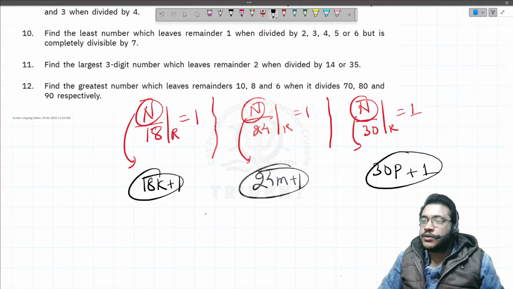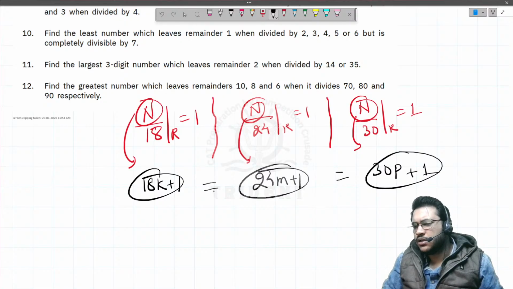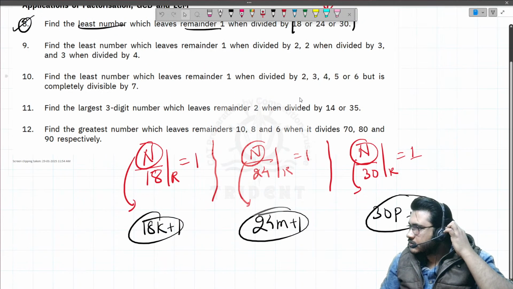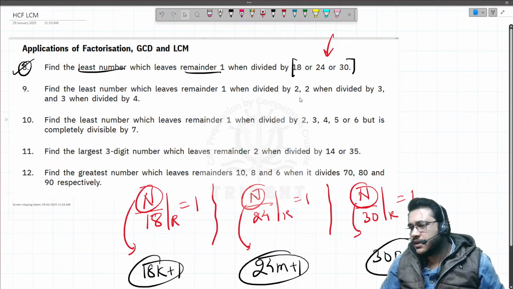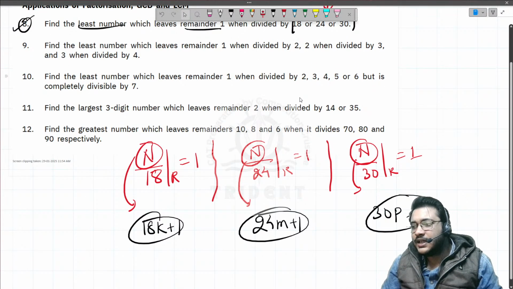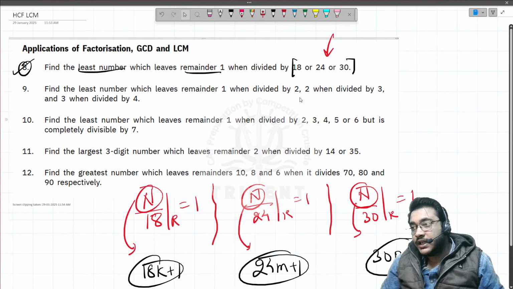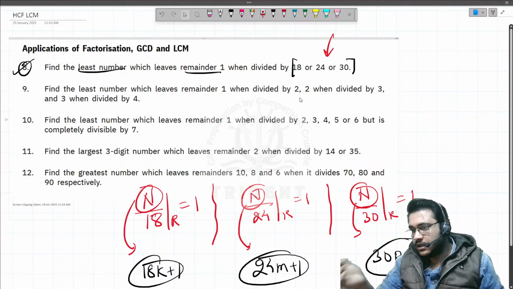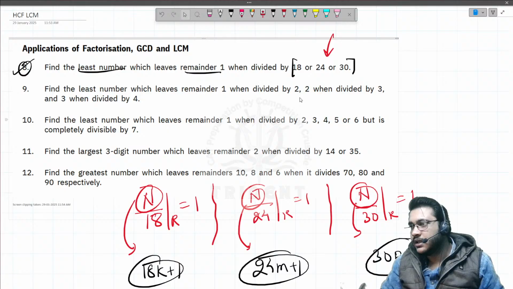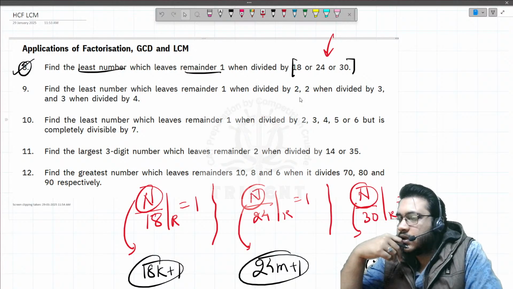What I want you to do, क्योंकि जब Chinese remainder theorem discuss करेंगे तो we need to equalize these type of numbers. Although right now we are not equalizing it, but still this will make some sense. So basically, what is that least number that will leave a remainder of 1 when gets divided by 18 or 24 or 30.